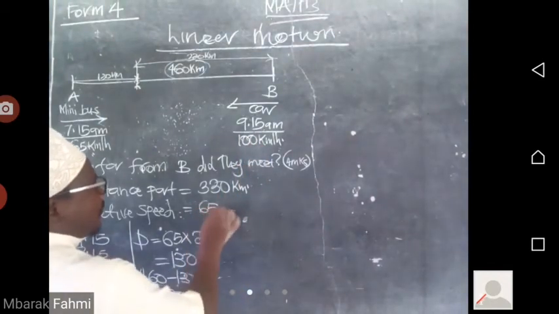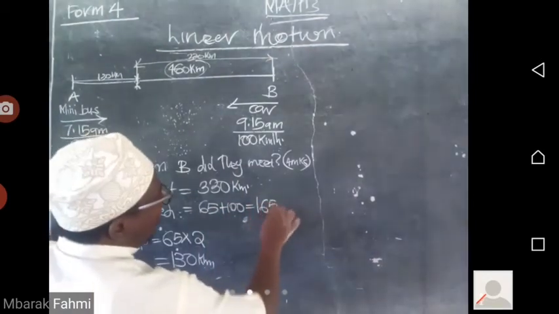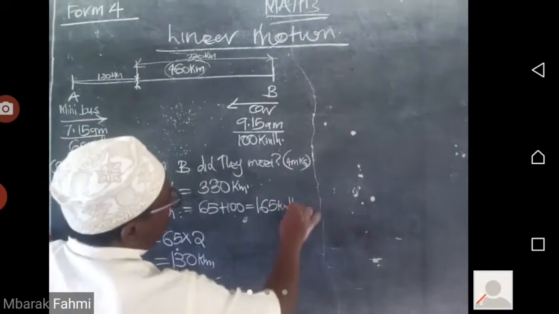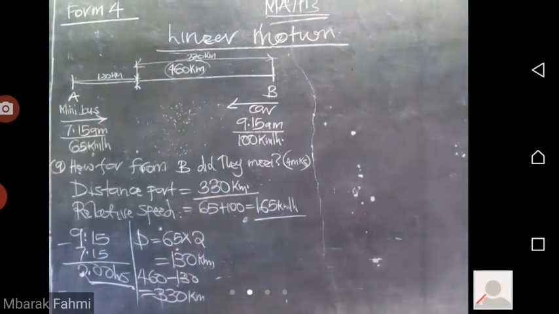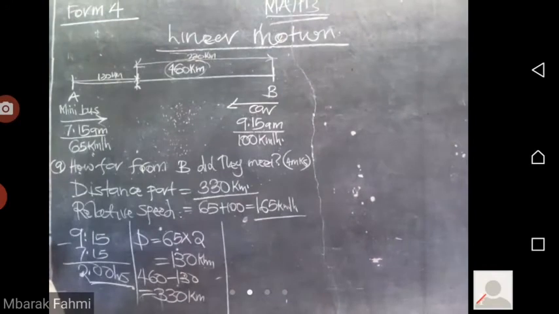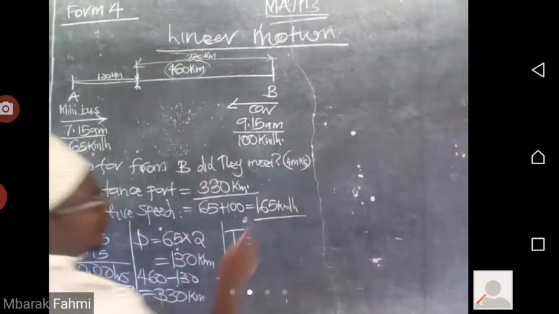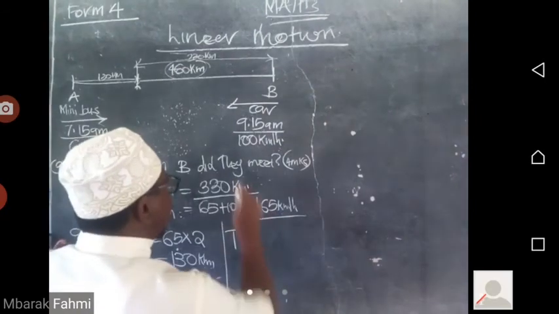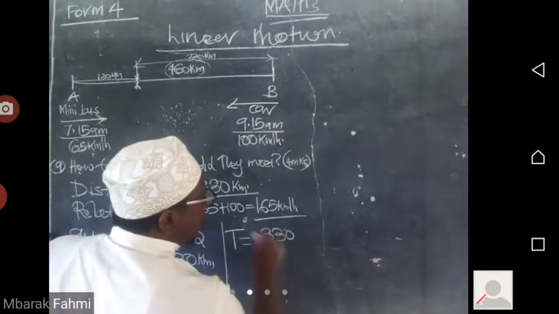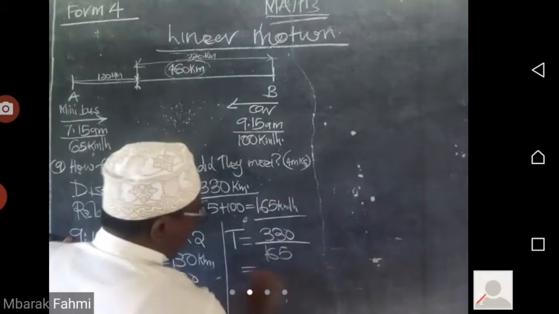We'll say 65 plus 100, and that will be 165 kilometers per hour. Okay, so if we have the two, then we can calculate the time it will take for them to meet. So time will be the distance apart over relative speed.